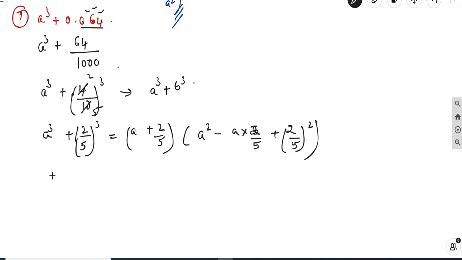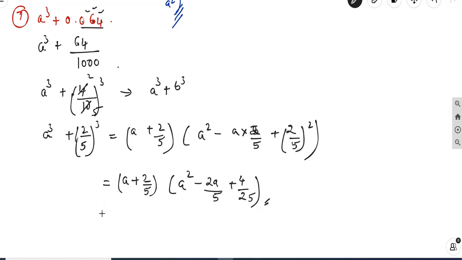So this one more step we have to write down here. So this becomes a plus 2 by 5 into a square minus 2a divided by 5 plus 4 by 25.